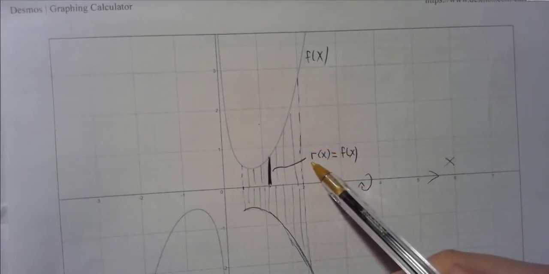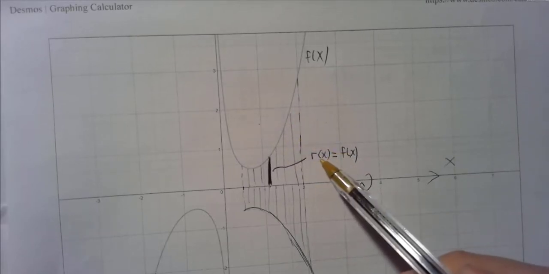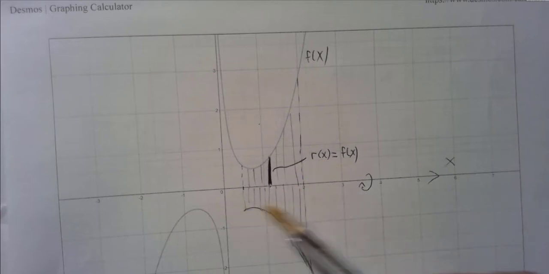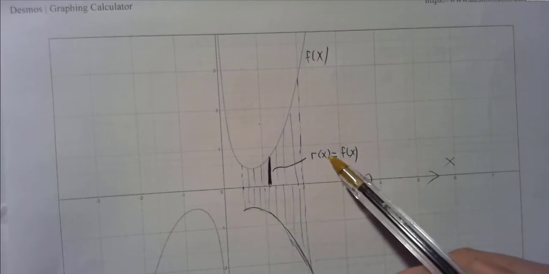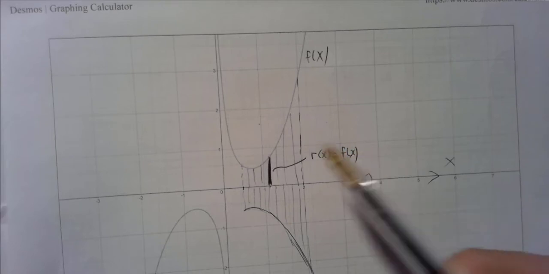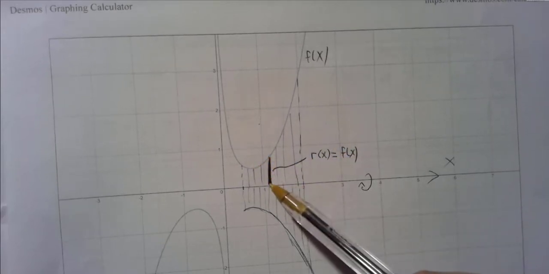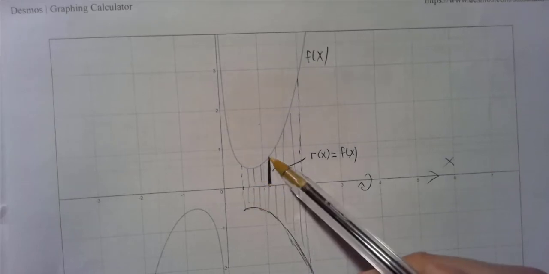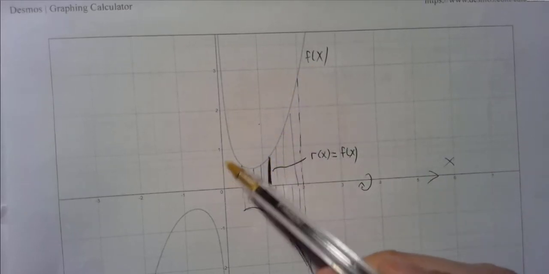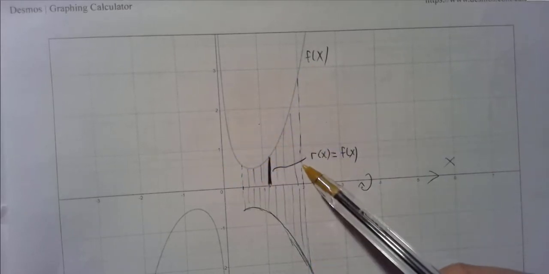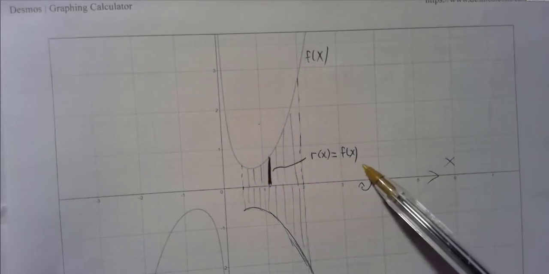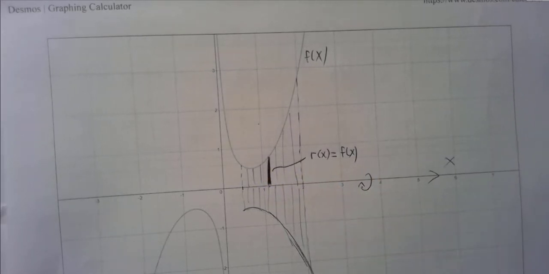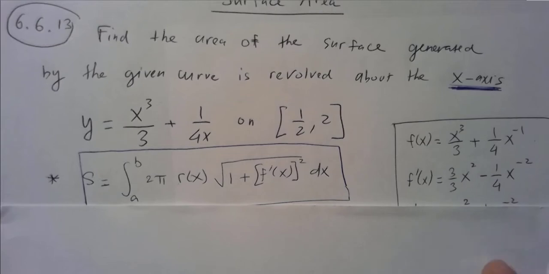So the radius depends on x as we move along the x-axis. The radius r of x is just the function f of x, because this is just the height or the value of the function, which is this curve right here. So r of x in this case is just f of x. It's simple, right?